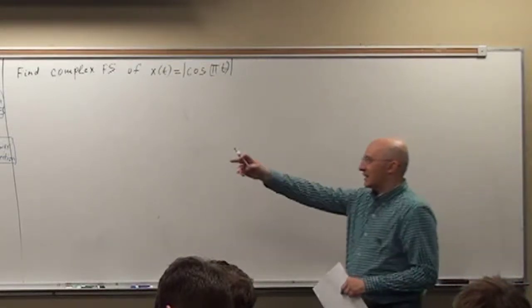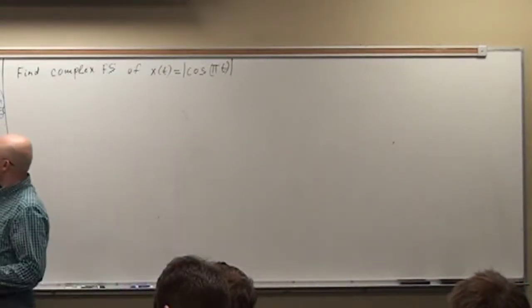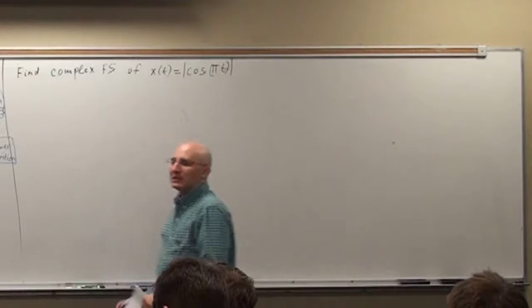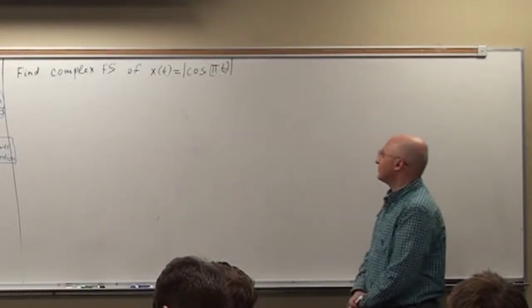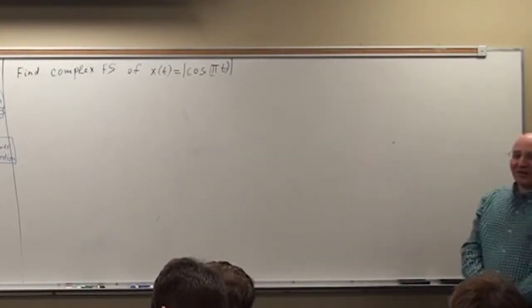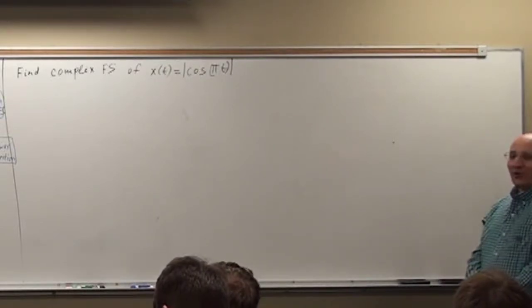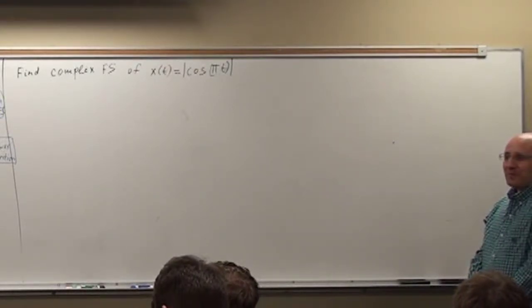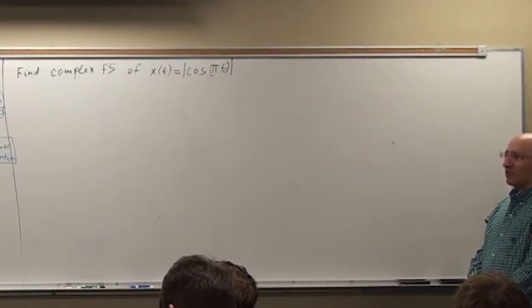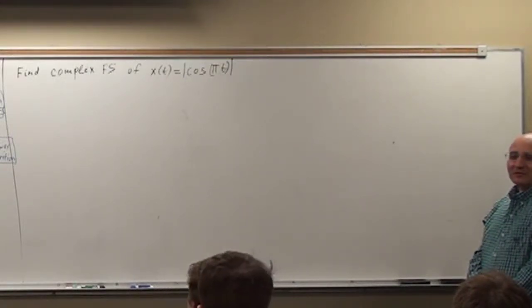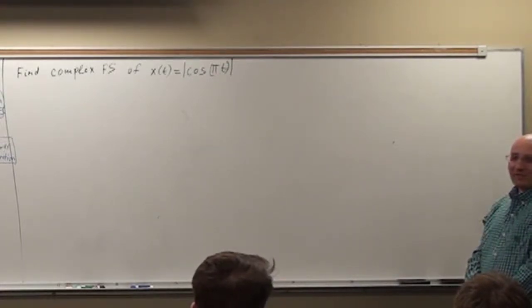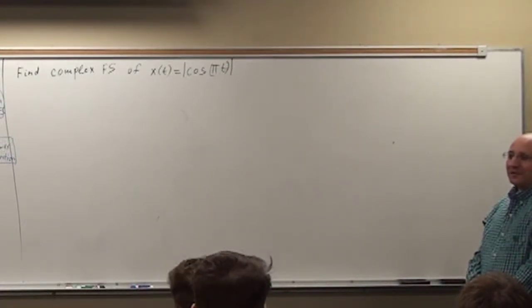So if you're using that kind of algorithm, you'll go here. Is it a trigonometric signal? Yeah, kind of. It's cosine, right? Cosine is a trigonometric function. But can you simplify it to a sum of cosines or sines? No, you don't have any trigonometric identities with the absolute value of cosine, right?